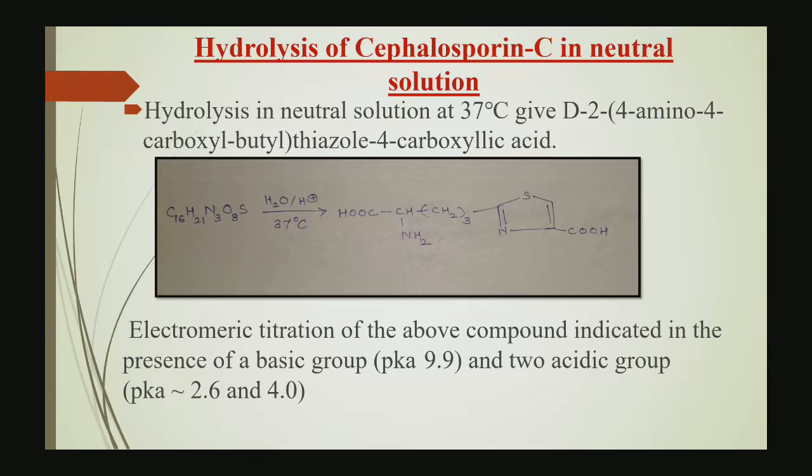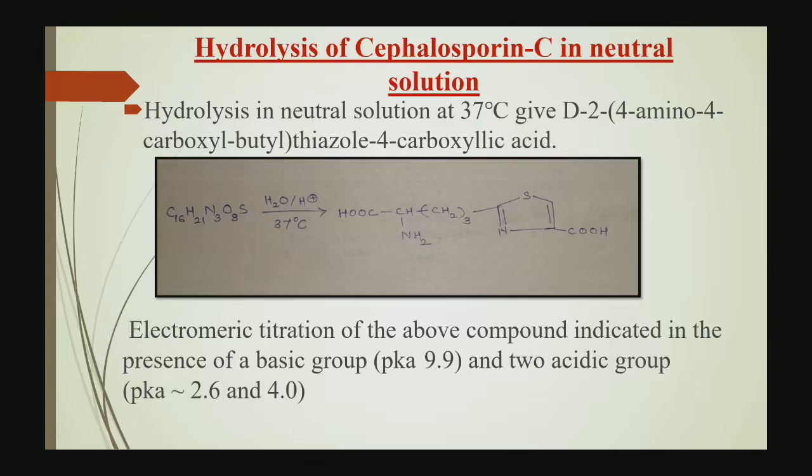The second point is that electrometric titration of the above compound indicated the presence of a basic group with pKa 9.9 and 2 acidic groups with pKa equivalent to 2.6 and 4.0.